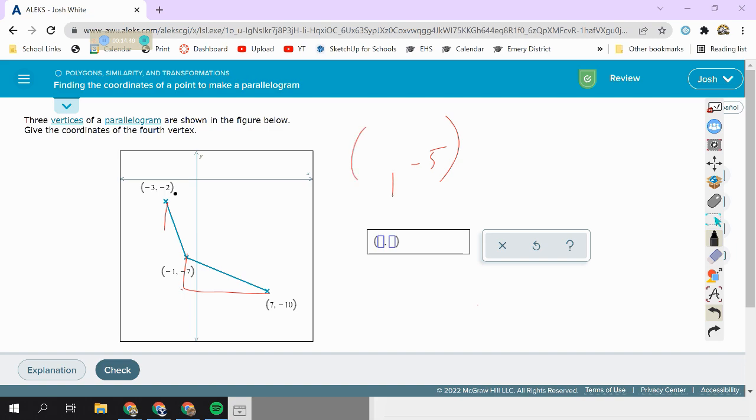And then how far did we run? 8. So if I run 8 from -3, -3 plus 8 is 5. So this point here is 5, -5. And if I connect all the points, I should get a parallelogram.